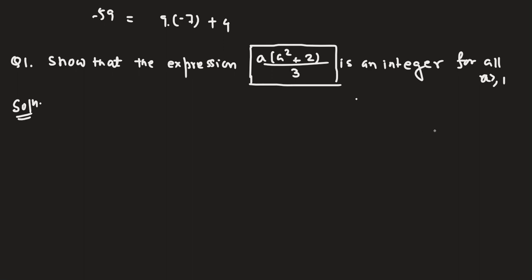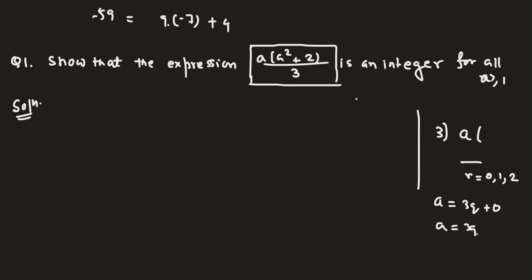So now suppose any integer a, when we divide it by 3, the remainder will be either 0 or 1 or 2. That means this number a I can write as quotient plus remainder, so it will be in the form 3q, or 3q plus 1, or 3q plus 2.